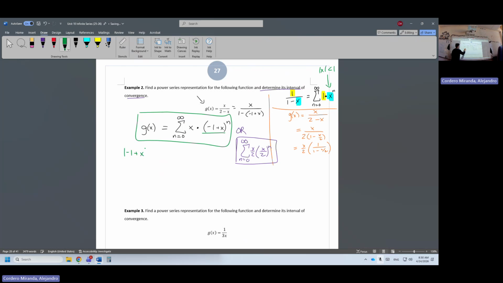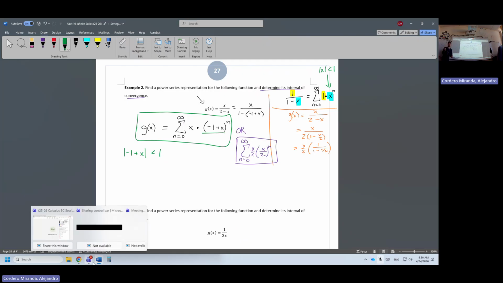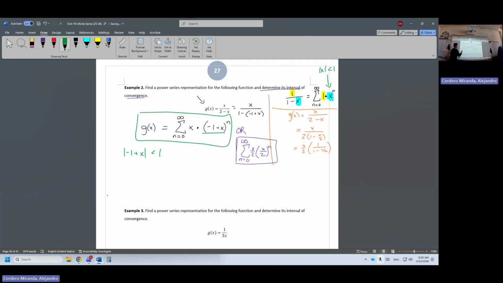So basically, I'm just solving this equation, and that'll be my interval of convergence. Okay. Well, I should say, if you always wanted to do the same thing every time you're asked for interval of convergence, you could always do the ratio test on this, like we were doing yesterday in 10.7. But in this case, you can take some shortcuts because this is geometric and you know that this is the interval. But anyway, here's me solving this.